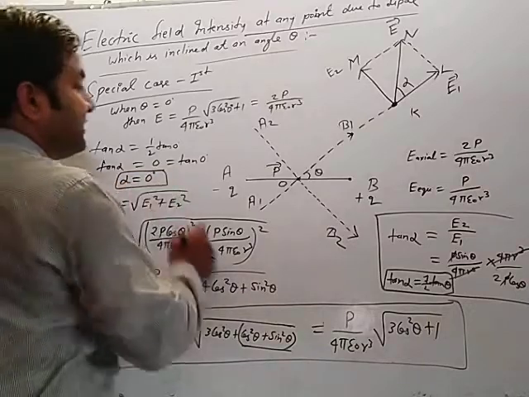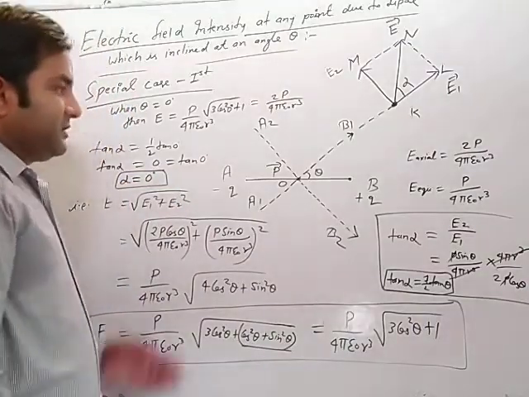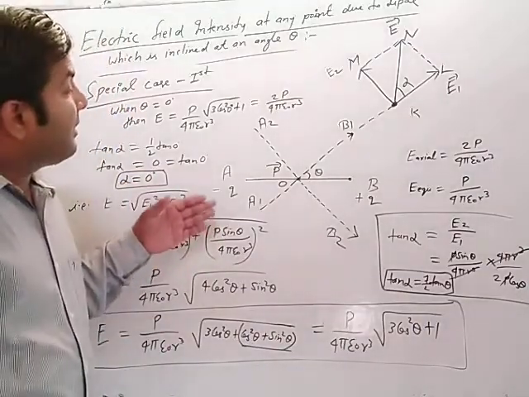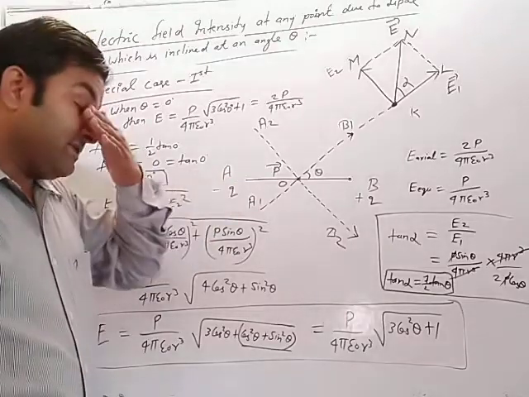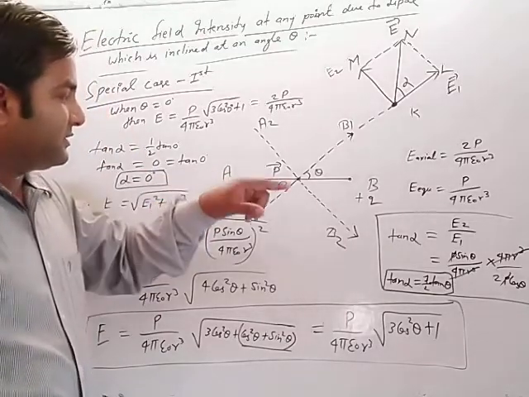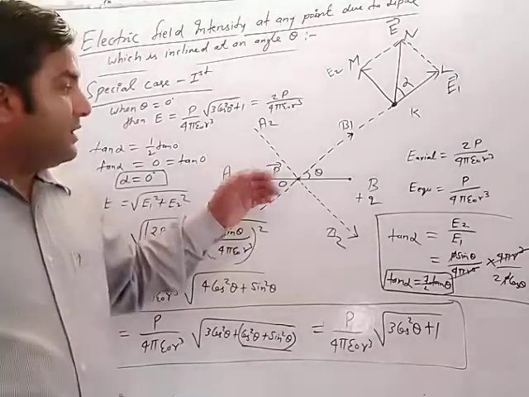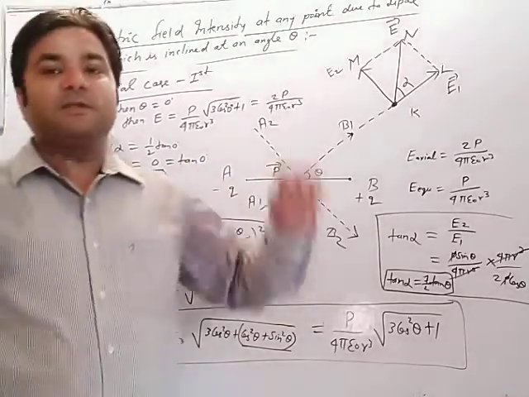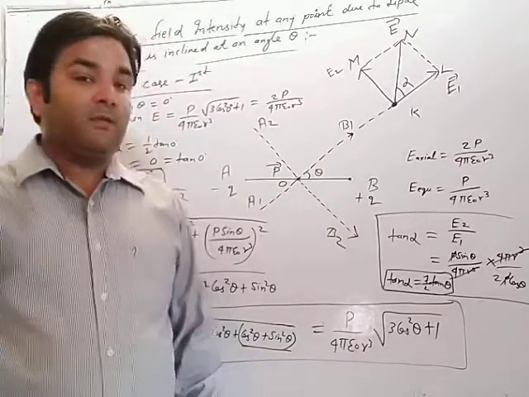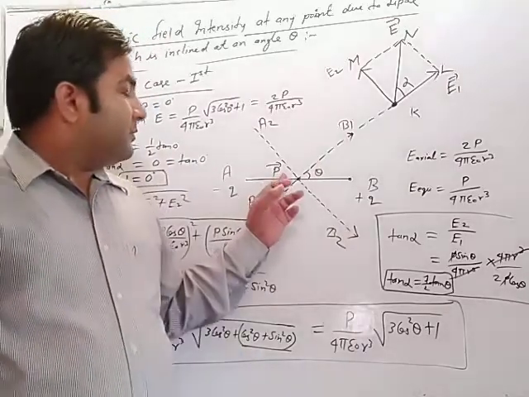It means the resultant intensity at a point that lies on the axis of the dipole will be in the same direction as the dipole moment.